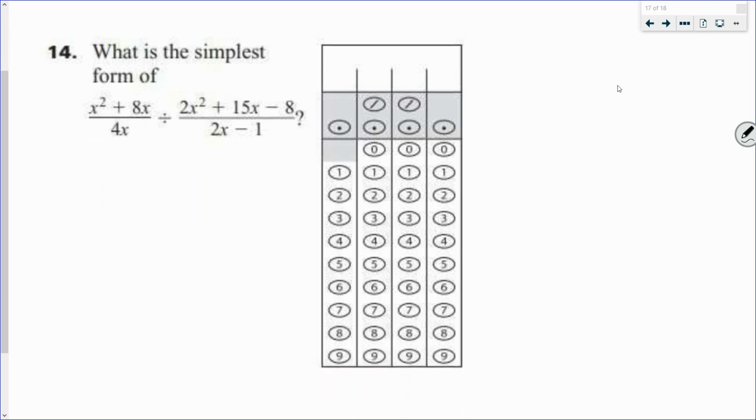Well, sure, why not? Let's factor this one. Multiply by the factor of this one. So if we do a 4 there, and a 2, a 4, and a 2, now if we do an 8 there, and an 8.